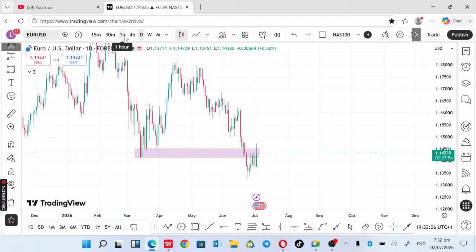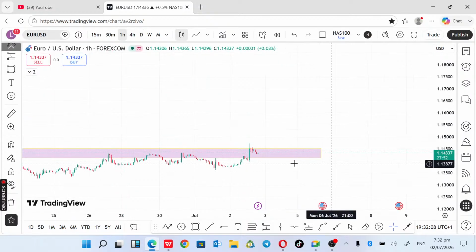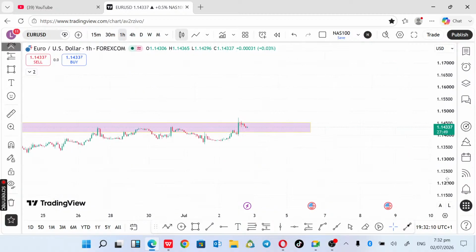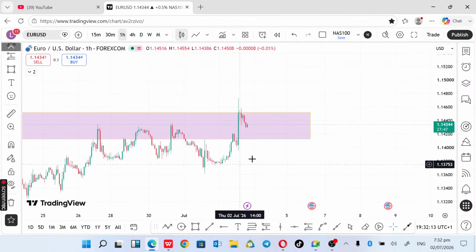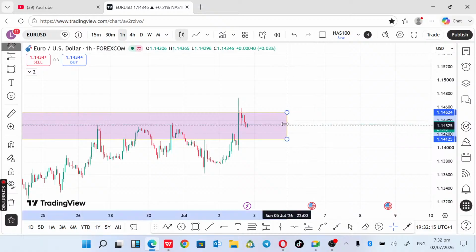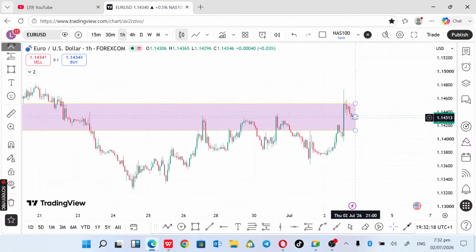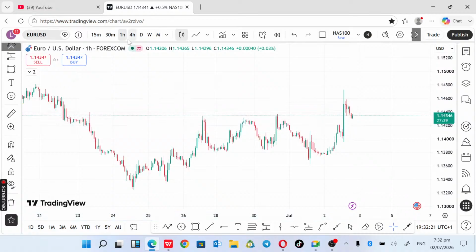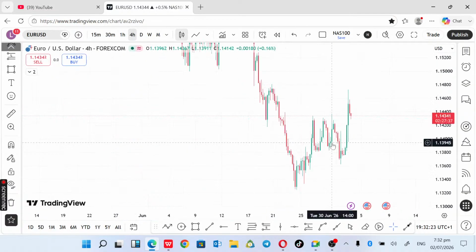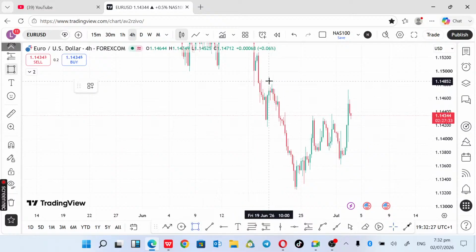Let's go to 1 hour. Now this is the zone we drew on daily. Let me go back to 4 hours and quickly redraw that zone. Yeah, we had a resistance here.